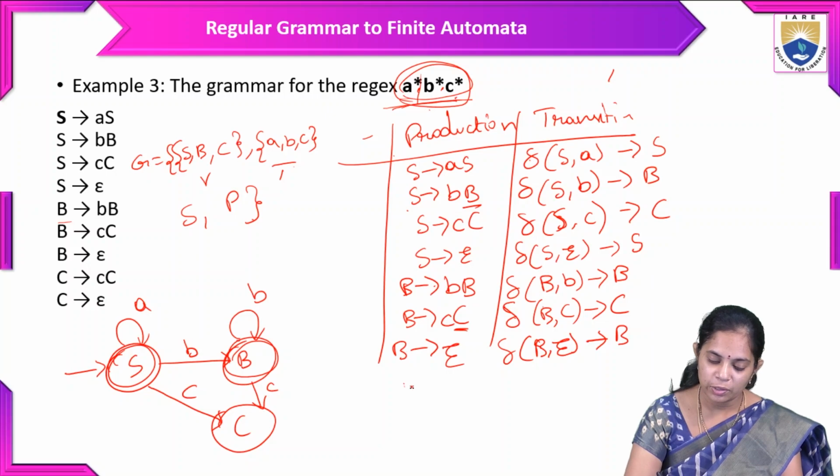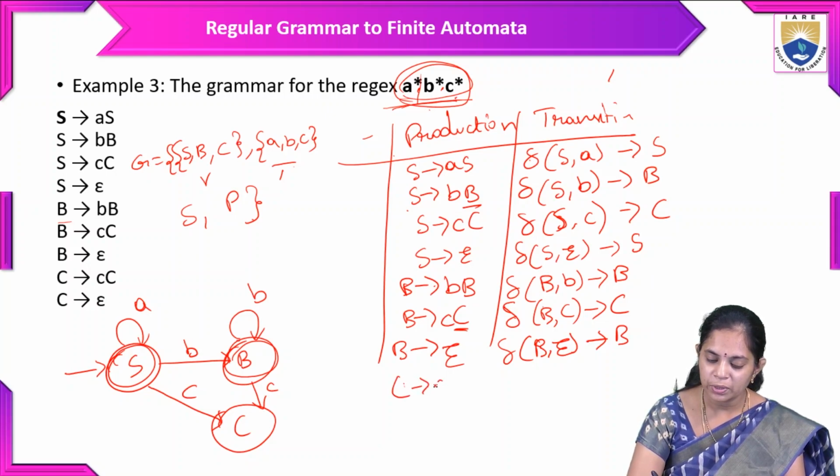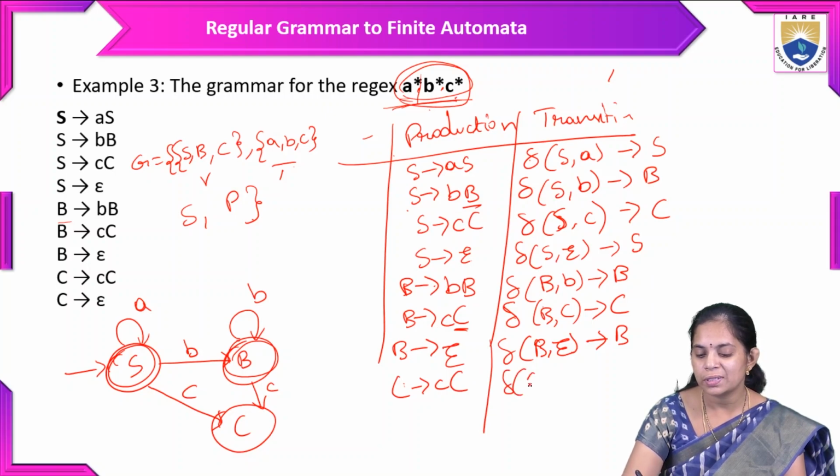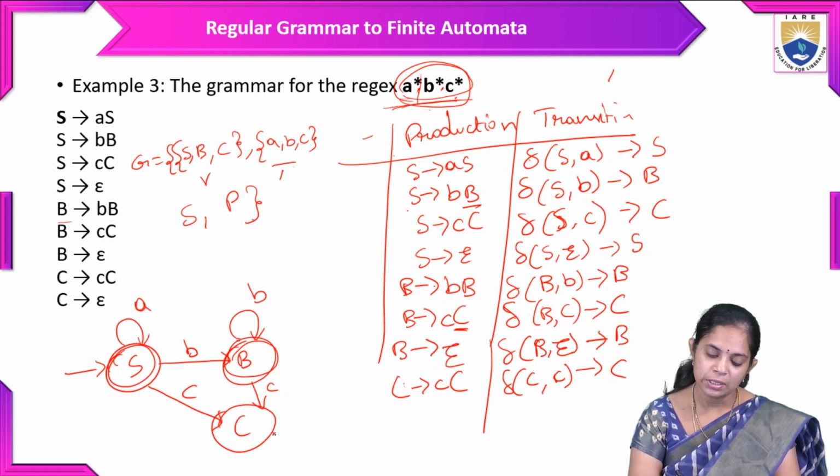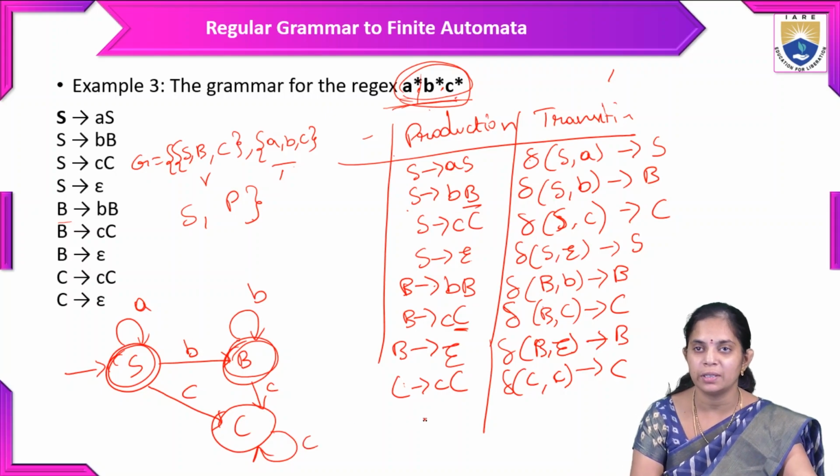And next we take C tends to C, capital C. Delta of C comma small c leads to the same state, that is, C with the input symbol C reaches the same state.